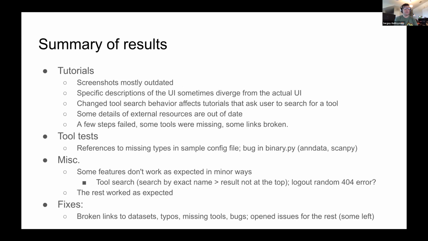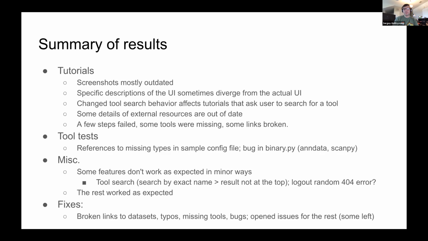Descriptions of the user interface in the text sometimes diverge from what is on the screen. Again, sometimes it matters, sometimes it does not. The tool search behavior changed, and in some cases it significantly affects tutorials. Again, I will give you specific examples.